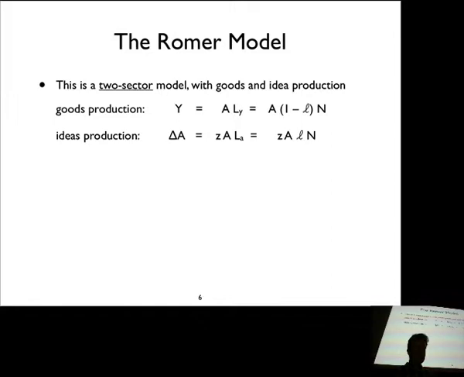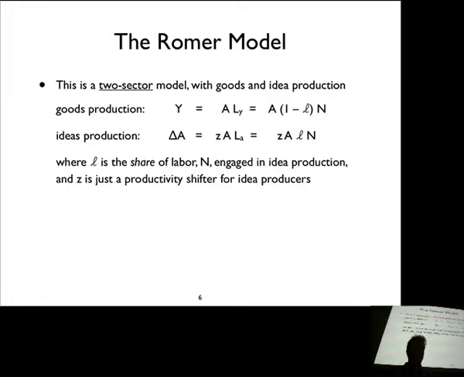The new ideas produced are equal to a productivity parameter, little z, times the stock of ideas already existing, uppercase A, times L sub A, which is equal to script L times N here at the last part. It's the scientist's share, the share of the labor that is saved and removed from the fields and put into laboratories that then ends up helping produce ideas.